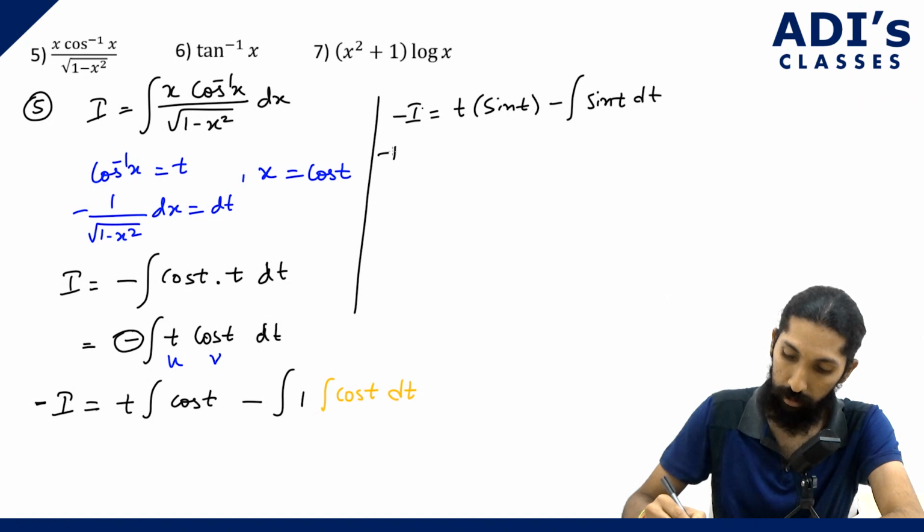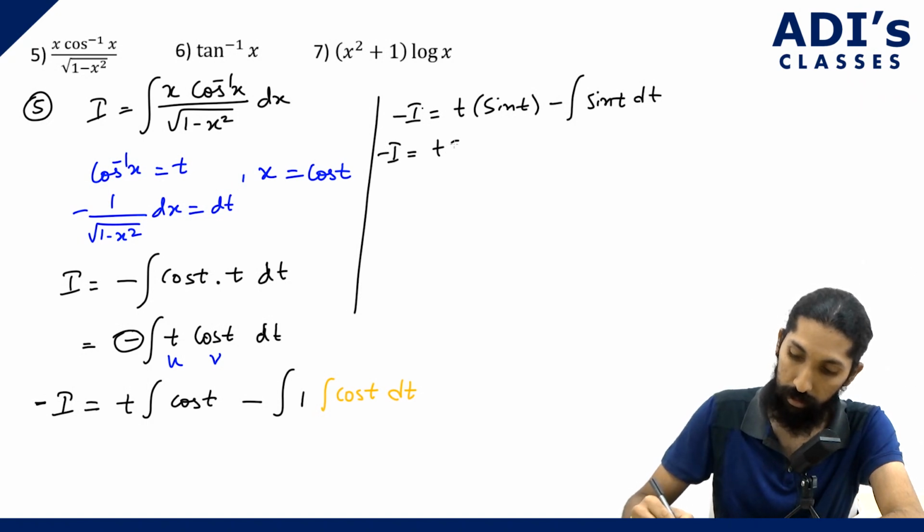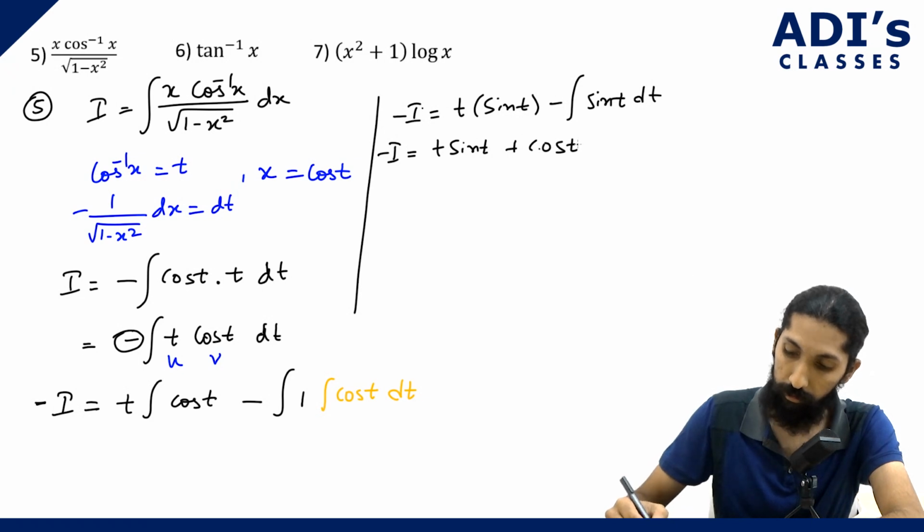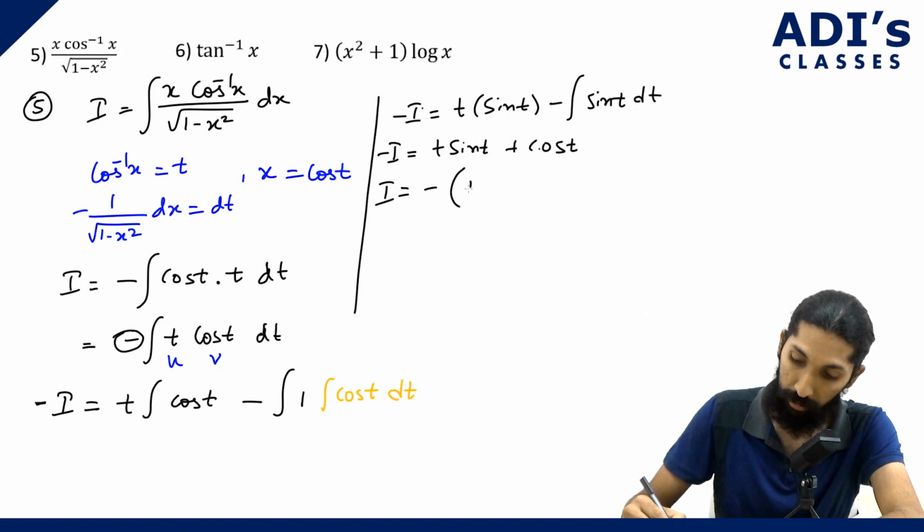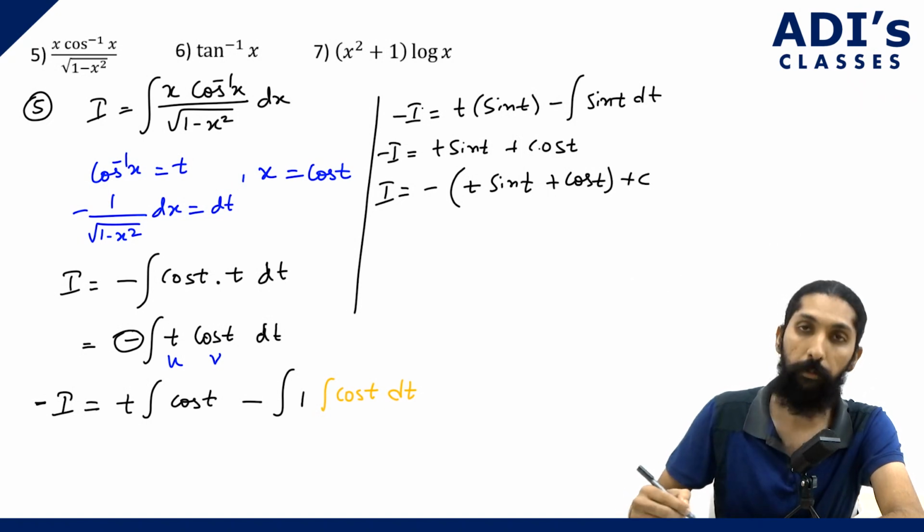So minus I is equal to t sin t plus cos t, right? So you have I is equal to minus of t into sin t plus cos of t plus c.